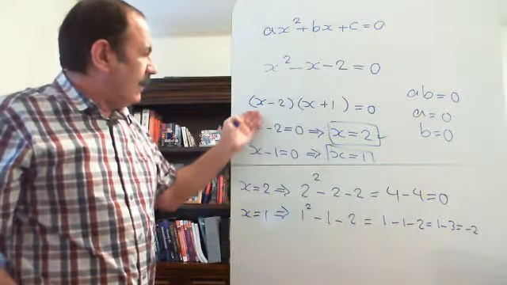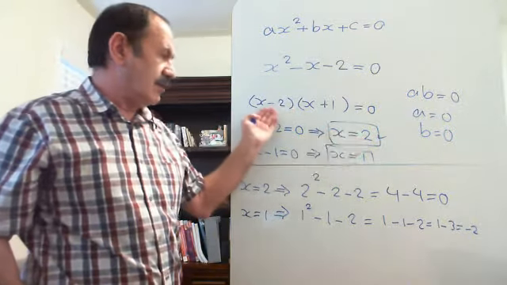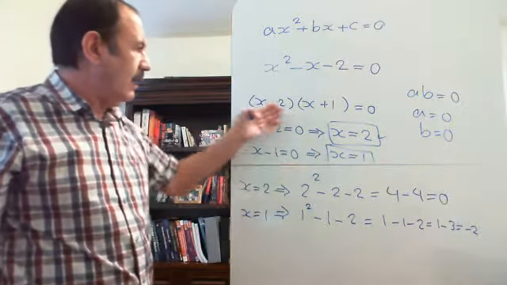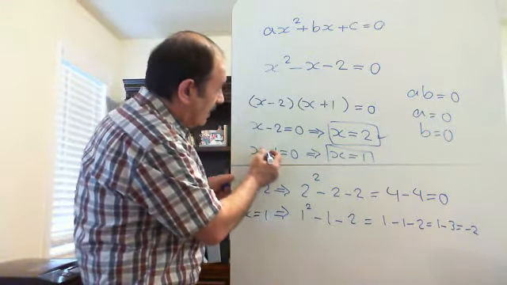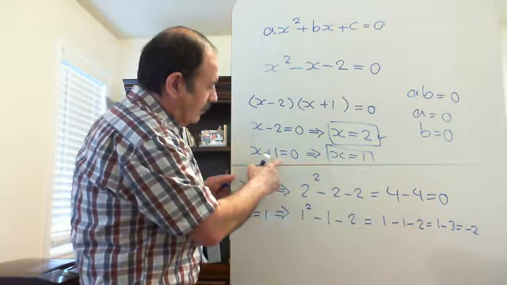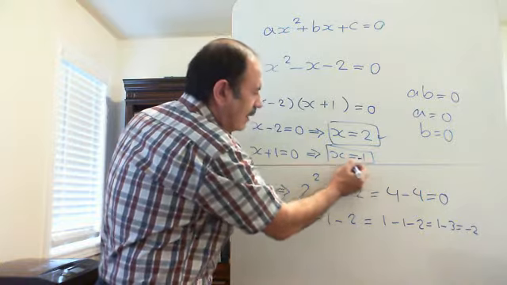If I check x minus 2 equals 0, x equal 2, which is right. I checked it and it's fine. The other one, x plus 1 should be equal to 0. x plus 1 equal to 0, then x is going to be equal to negative 1. This is the right answer.